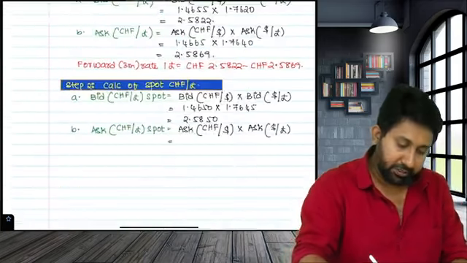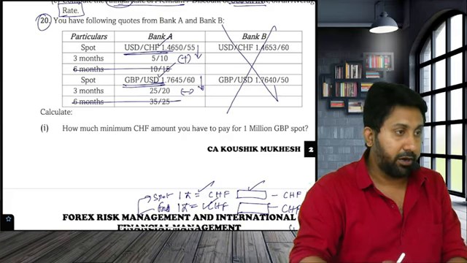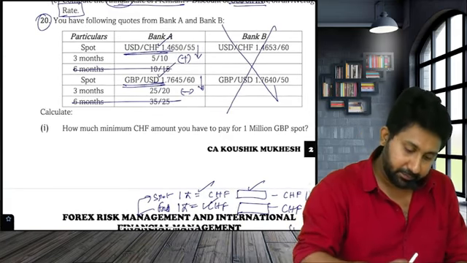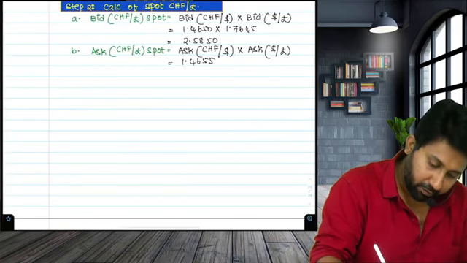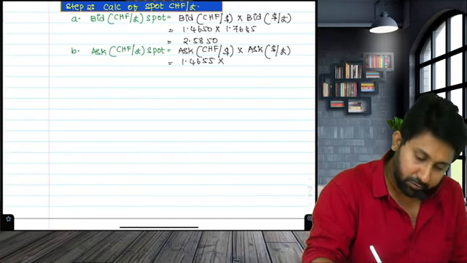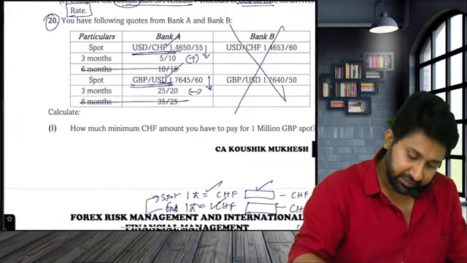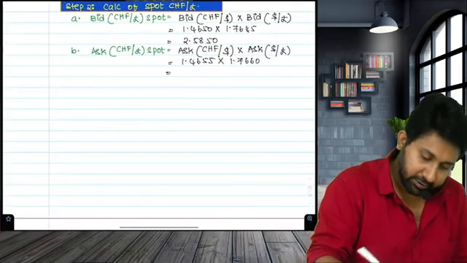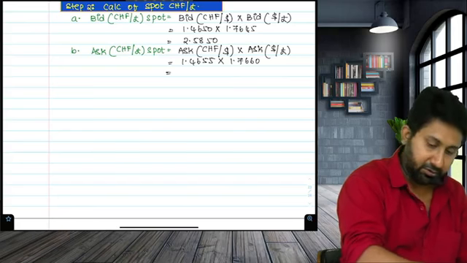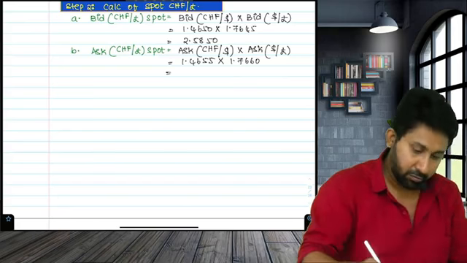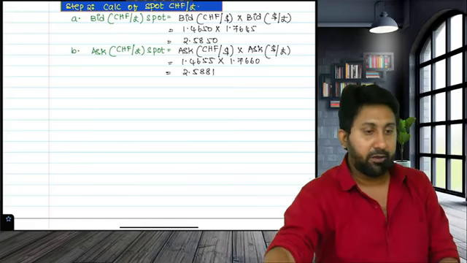What are the spot rates given in the question? 1.4655 into 1.7660 is 2.5881.